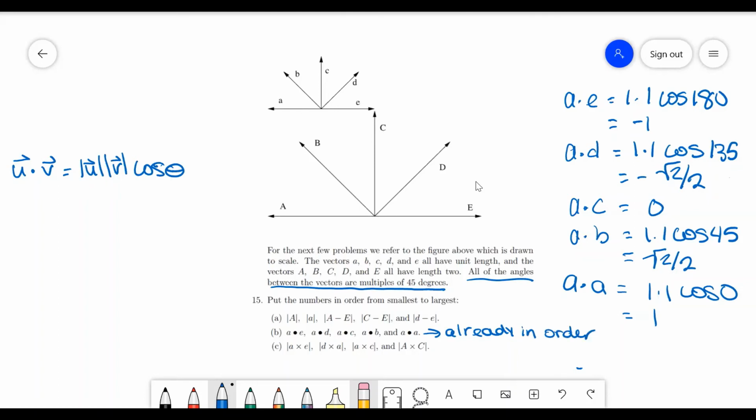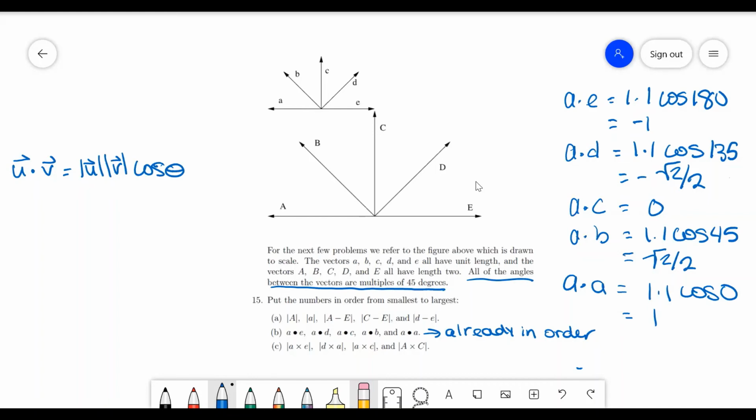From smallest to largest. But the big takeaway here is that anytime you have two vectors that point in opposite directions, like A and E and A and D, how they point away from each other, you're going to wind up with negative numbers. With greater negative numbers, like this -1 here, when they're still parallel to each other but facing in opposite directions.